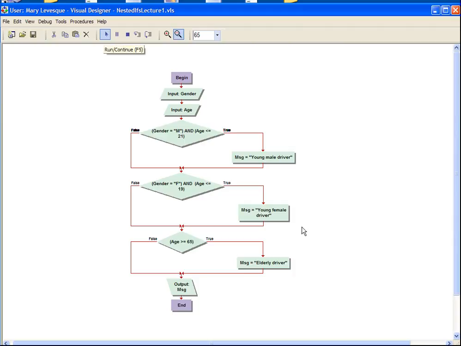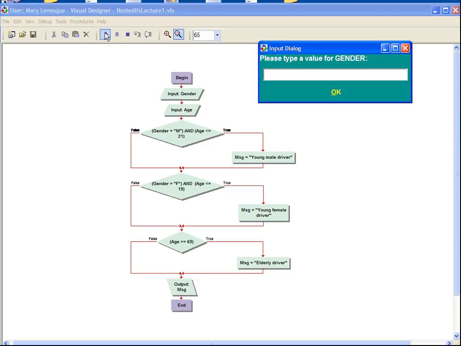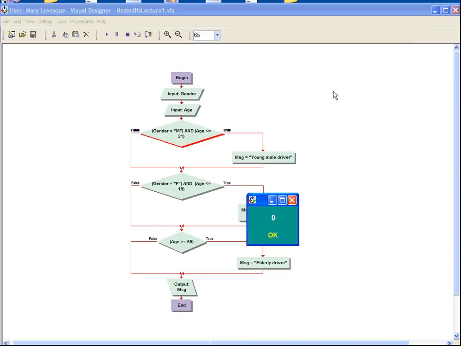Let's walk through a test case of somebody who's age 30, a guy. Well, let's run it. Age 30. We would expect to see the message other driver. Instead, we see a 0 because we never did put the words other driver into this.